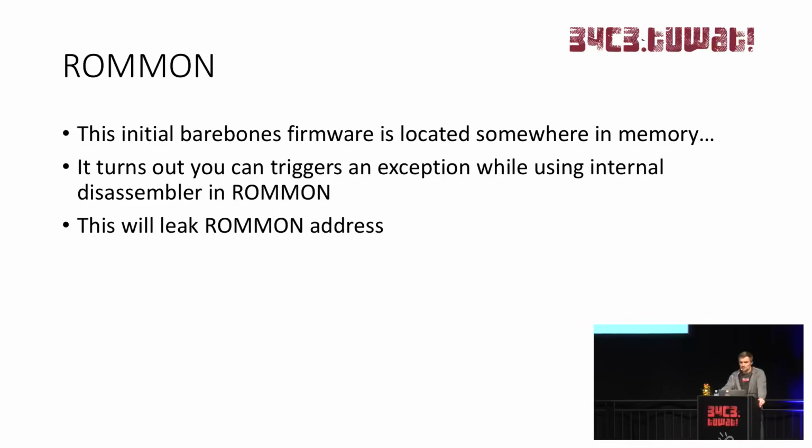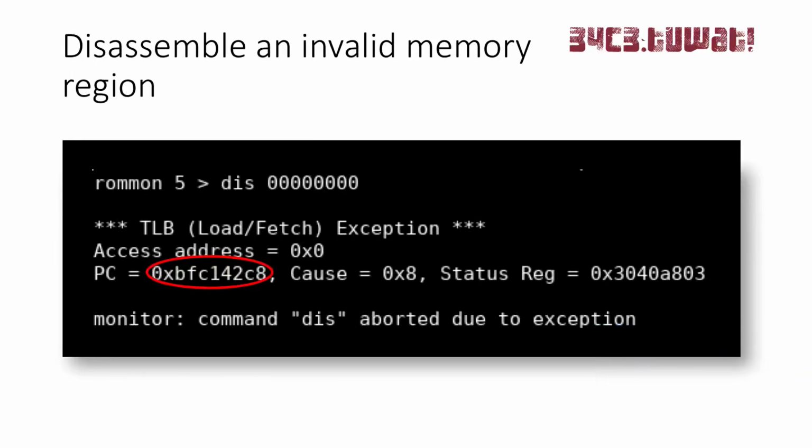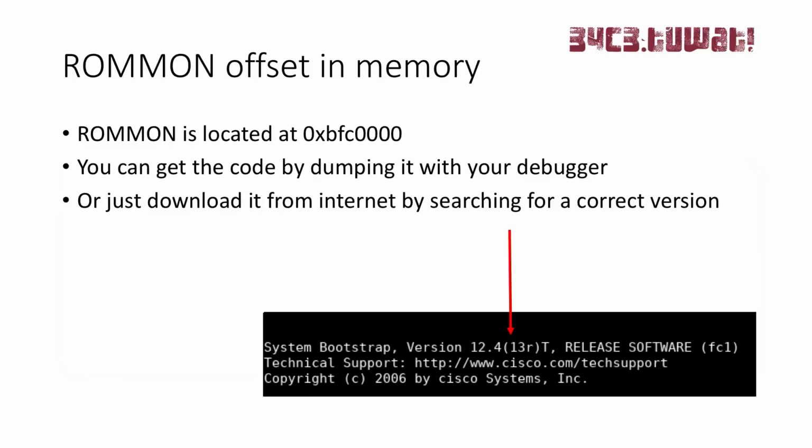If you target the disassembler at an invalid address, you will get a stack trace revealing the actual address of the ROM monitor. And the most interesting thing is that the ROM monitor is located at BFC all zeros, and you can dump it using the debugger, or you can just search the internet for the version and download it.